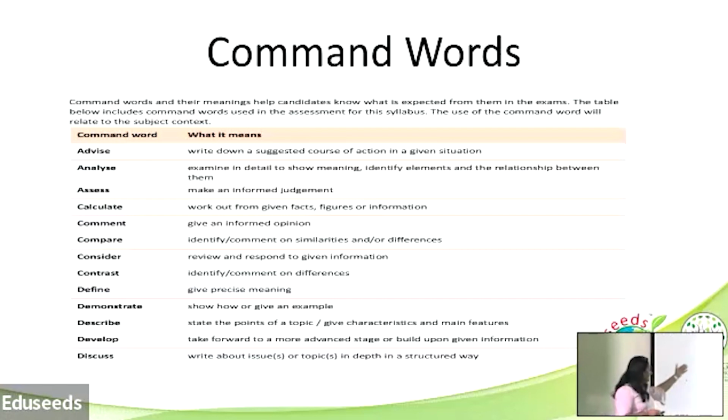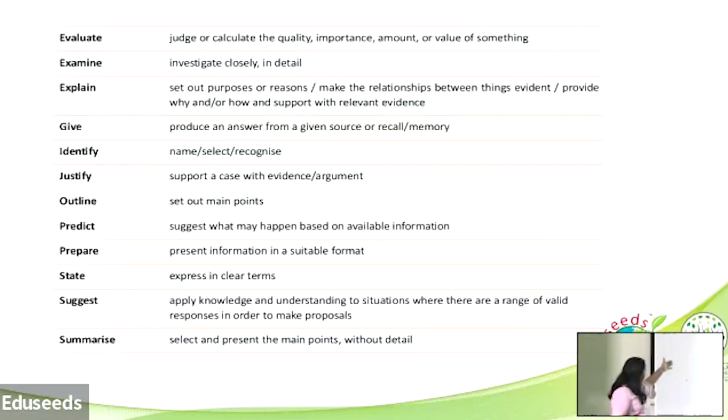If they ask you to assess what to do, if they ask you to calculate, then make sure you give detailed working, right? If they ask you to comment and so on, you can see all that here. You have many here. If they ask you to evaluate, if they ask you to examine, investigate closely, they really want the detailed answer, right? If they put examine, explain, set out the purposes or reasons and so on.